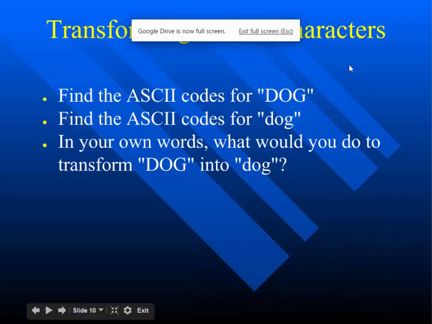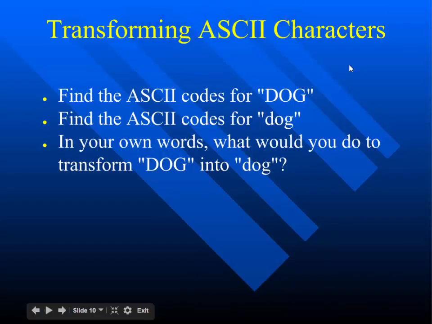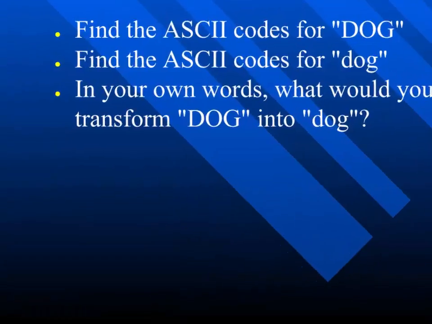Okay, here's the next problem. Say you have the ASCII codes for the word dog, all in capital letters, and you want to replace it with the ASCII code for lowercase dog. In fact, you want to transform the uppercase dog into lowercase dog. Let's go back then to my worksheet.